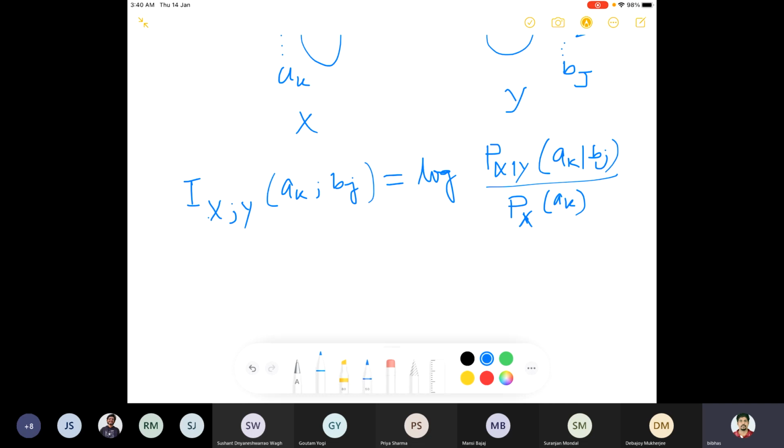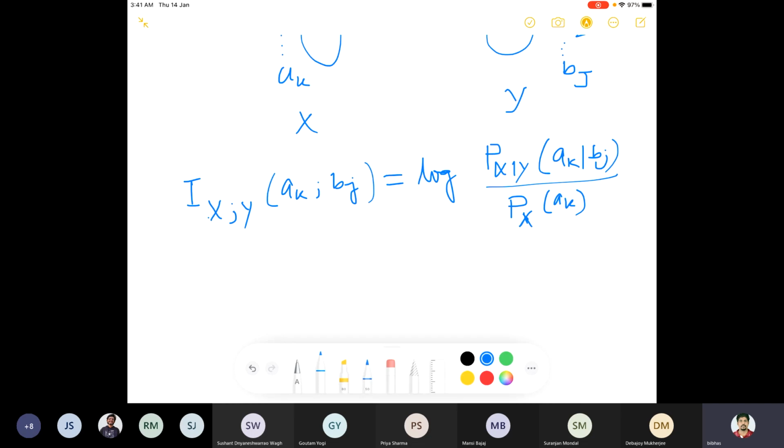How much information does this statement contain is measured by this quantity. We did not give any justification, but we said let us assume this, and we called it the mutual information between X and Y.